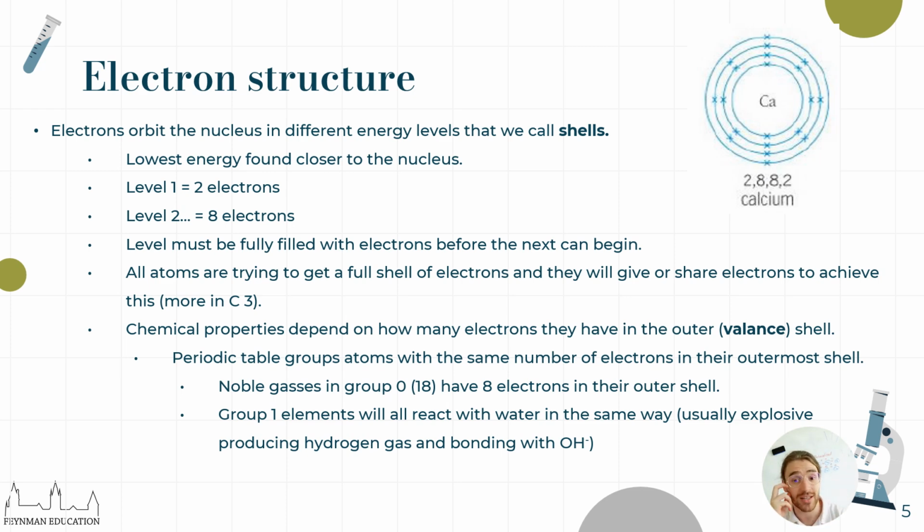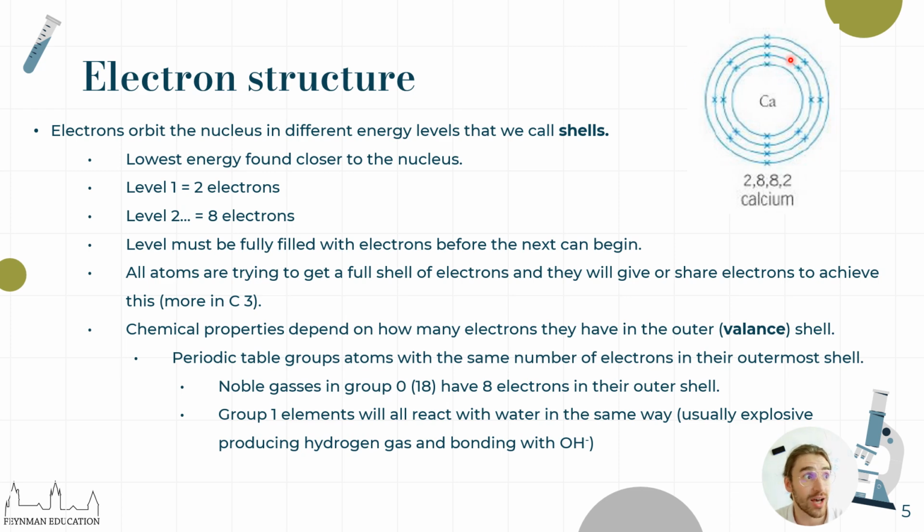But when it comes to something like calcium, calcium is going to have 20 protons, which means that it's going to have 20 electrons initially. So to have 20 electrons, the electron configuration is going to be 2, because the first energy level is going to be full. After that, the next energy level is going to have 8.